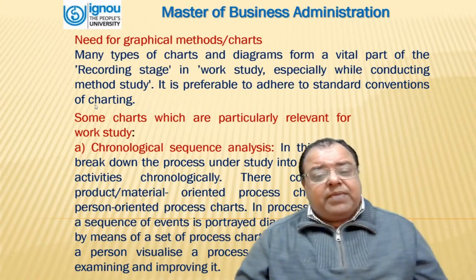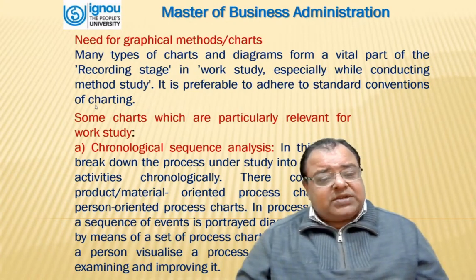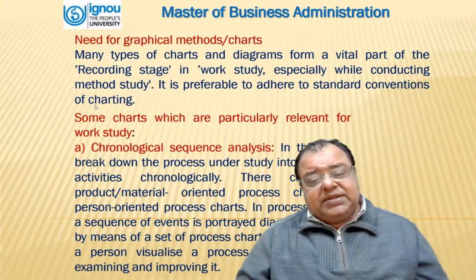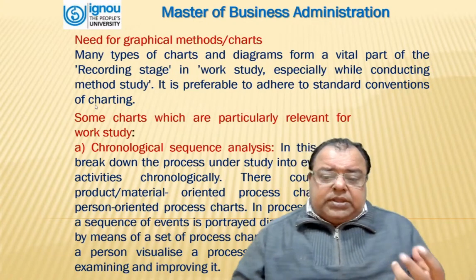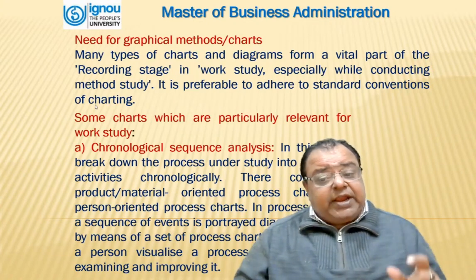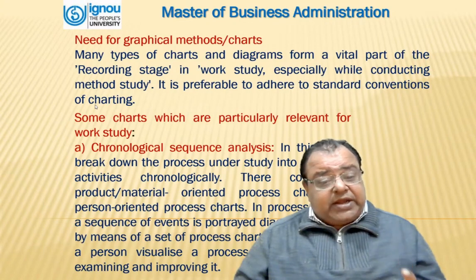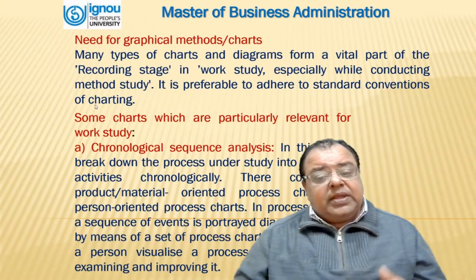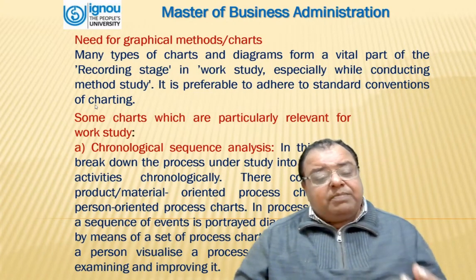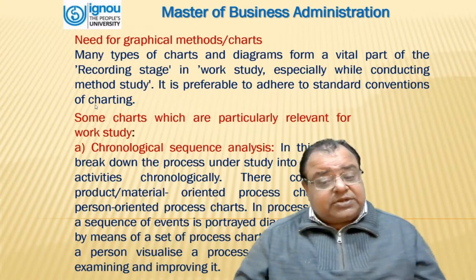Some charts which are particularly relevant for work study are, number one, chronological sequence analysis. In this case, break down the process under study into events or activities chronologically. There could be product or material oriented process charts or person oriented process charts.